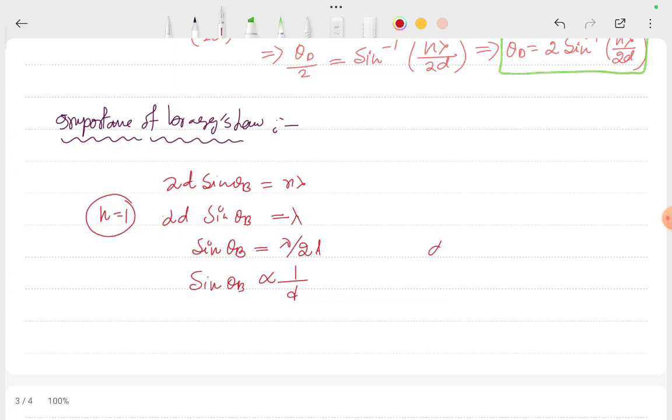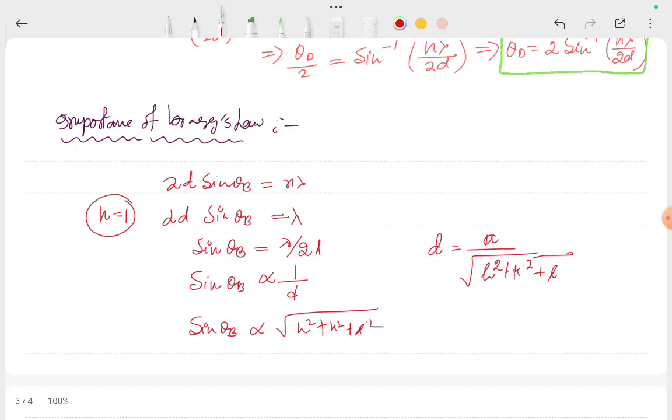And also we know the interplanar spacing for cubic crystals is d equals a upon the square root of h square plus k square plus l square. If we put it here, sine theta b is directly proportional to the square root of h square plus k square plus l square.